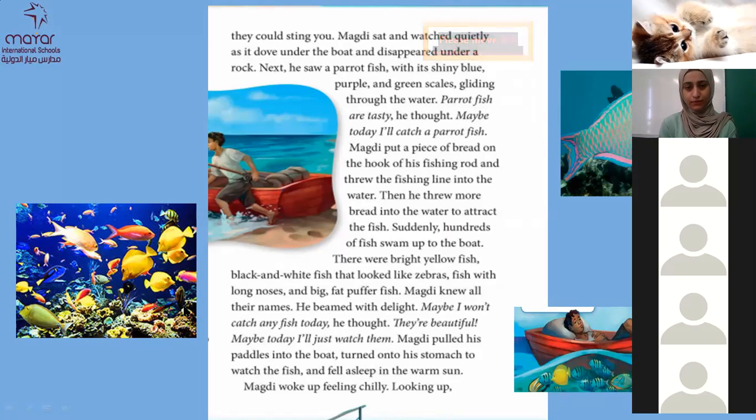He doesn't want to catch them because they were very beautiful. So he wanted to watch them. Okay, this is the answer. The answer is he changed his mind because the fish were very beautiful. So instead of catching them, he wanted to watch them.